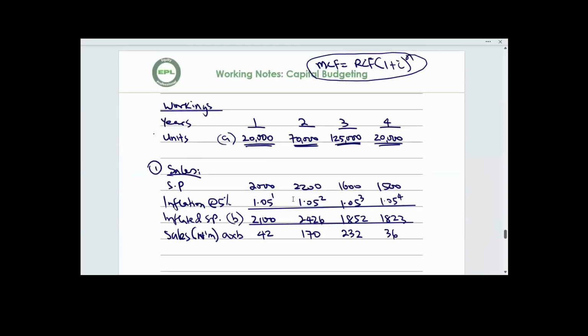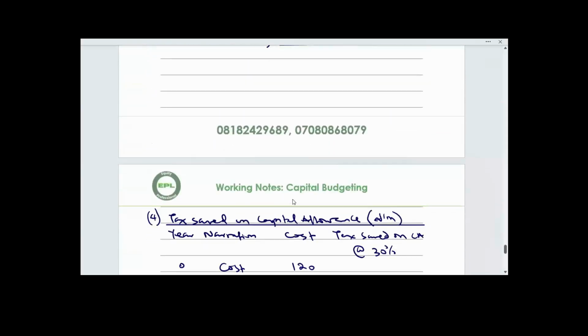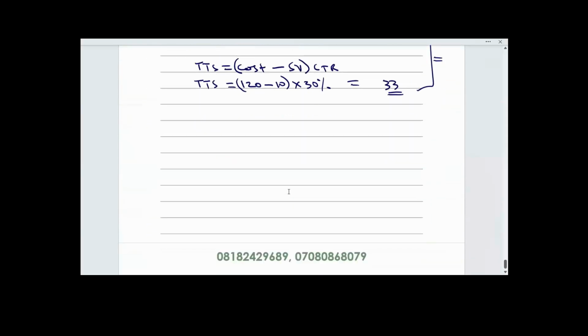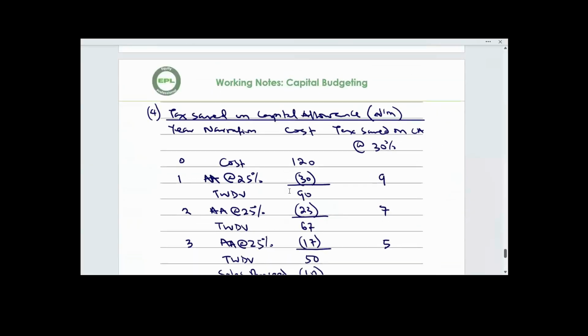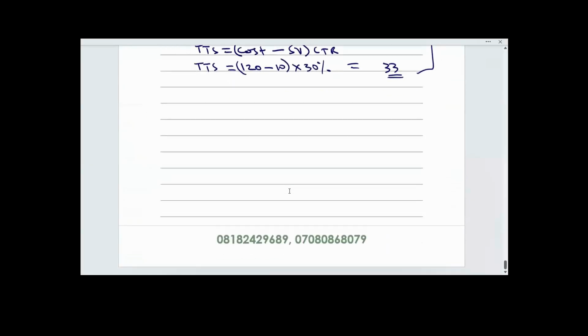All right. Your journey to become a chartered accountant has just begun. Okay. So that's that. This is working number 5. Working number 5, I want to calculate working capital. So I have year 1, year 2, year 3, year 4, then total.